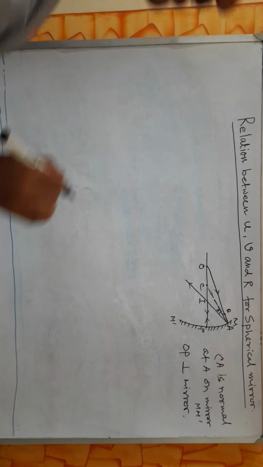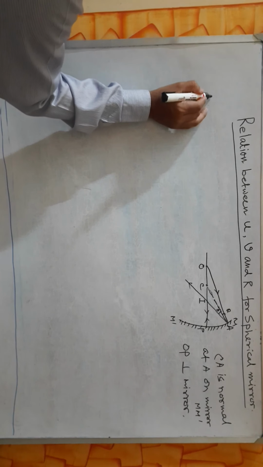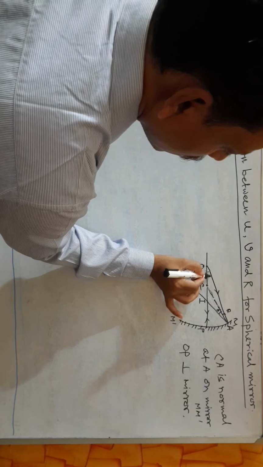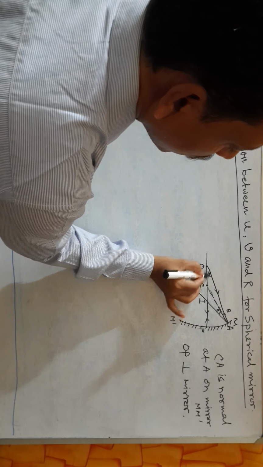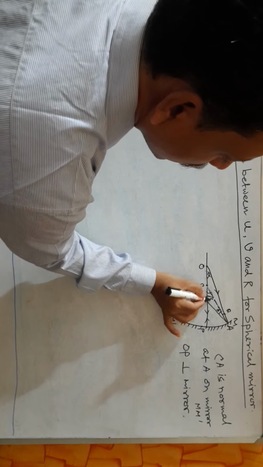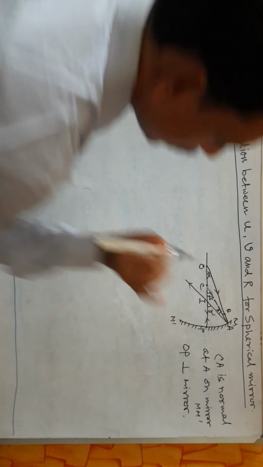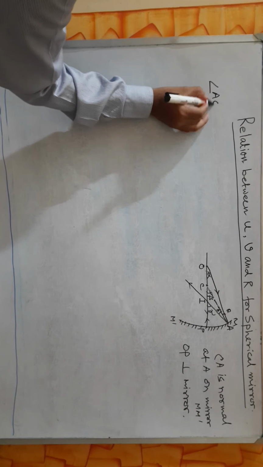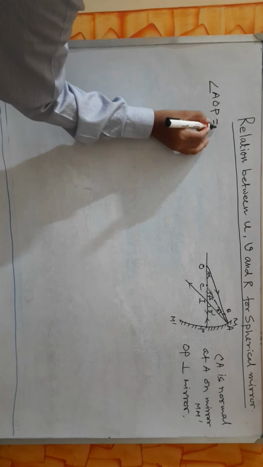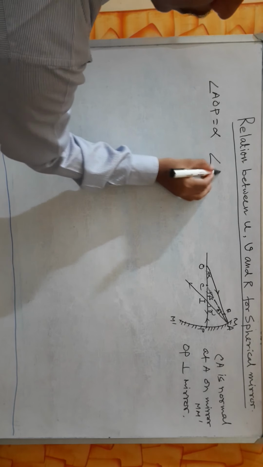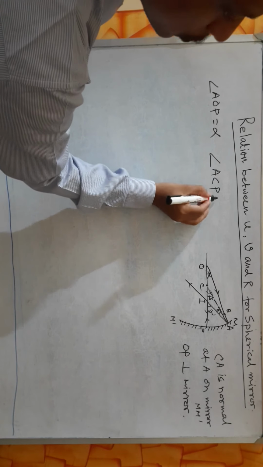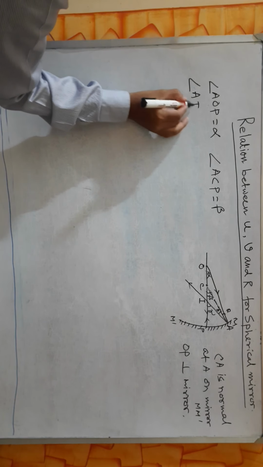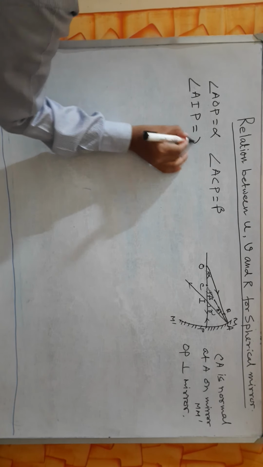Later we can consider the angles alpha, beta and gamma. Angle AOP is equal to alpha, angle ACP is equal to beta, and angle AIP is equal to gamma.